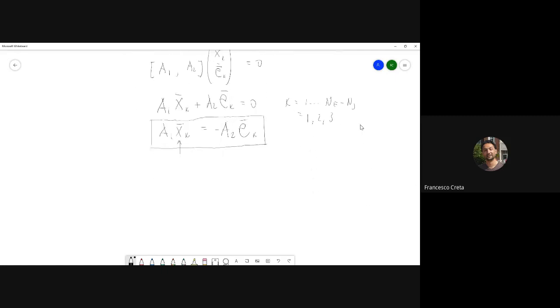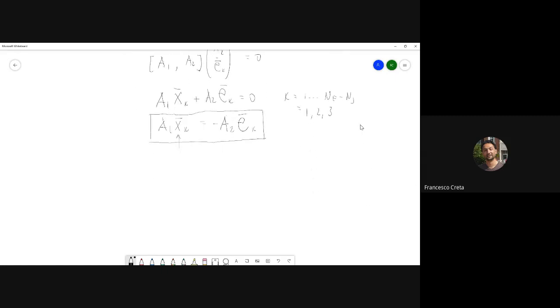Let me give you an example. This is how I split my matrix: 0, 2, what was it? 1, 1, 2. This is submatrix 1. This is submatrix 2.